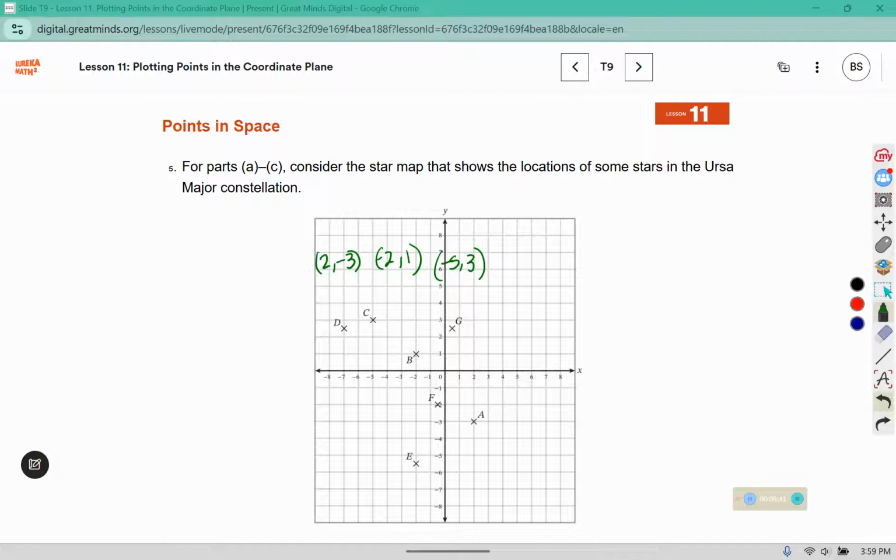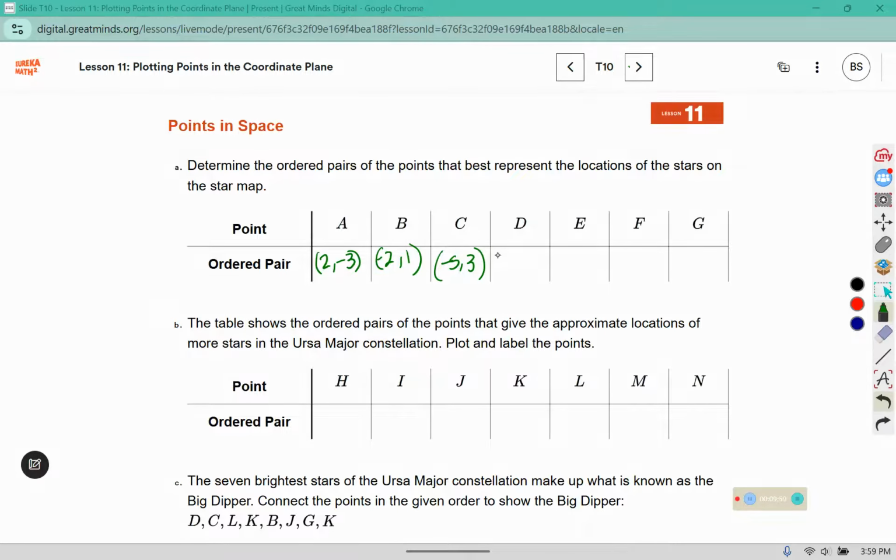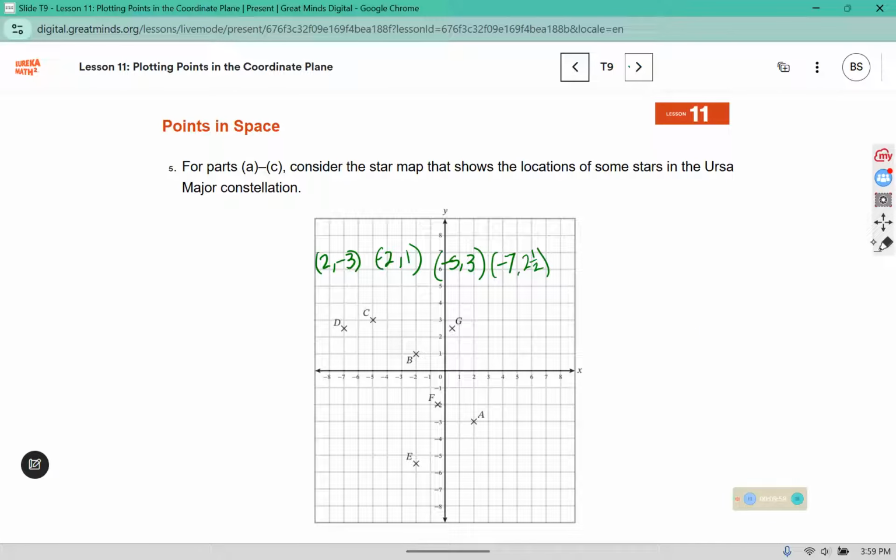D, that is left 7 and up 1, 2.5. E, that is left 2 and down 1, 2, 3, 4, 5.5.